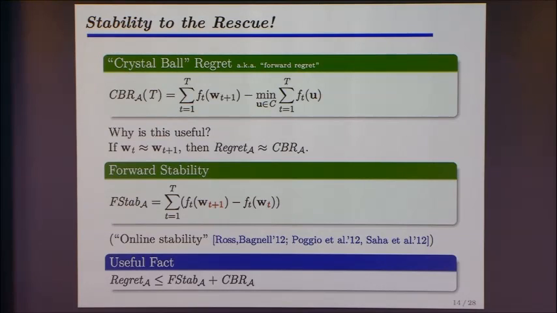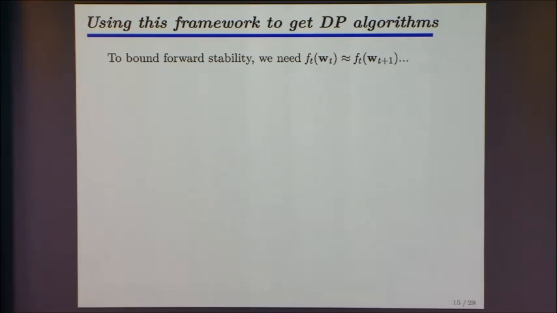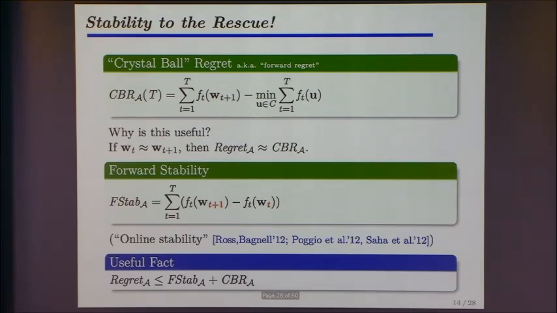So that gives us a basic setup, and again, there's nothing new here. This is pretty much the way online learning algorithms are designed in the non-private setting, or at least the way they're analyzed. But we're going to try to use this way of thinking to get differentially private algorithms.